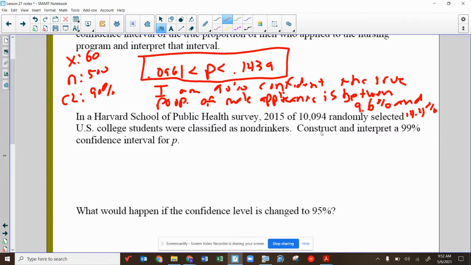So in a Harvard School of Public Health survey, 2015 of the more than 10,000 randomly selected college students were classified as non-drinkers. Construct and interpret a 99% confidence interval.